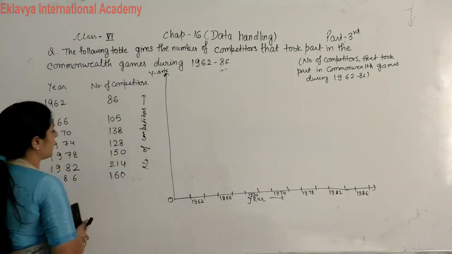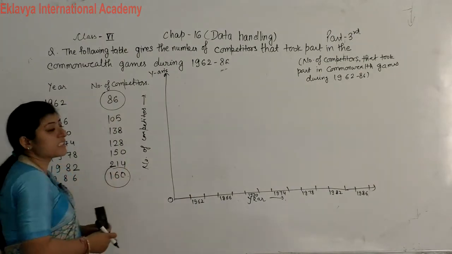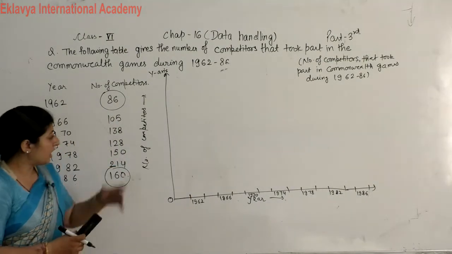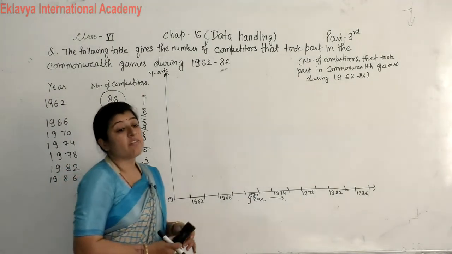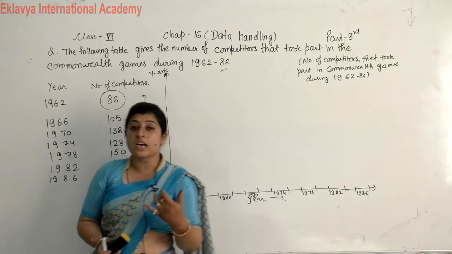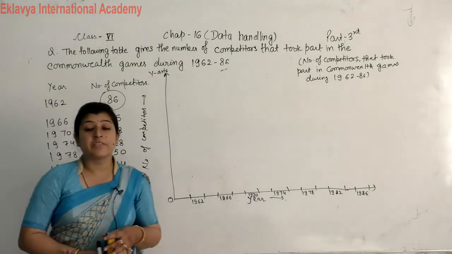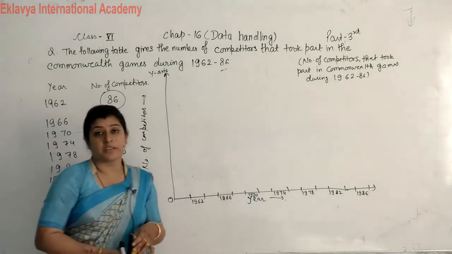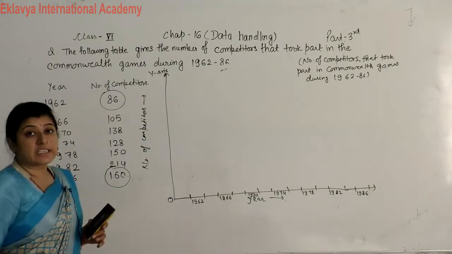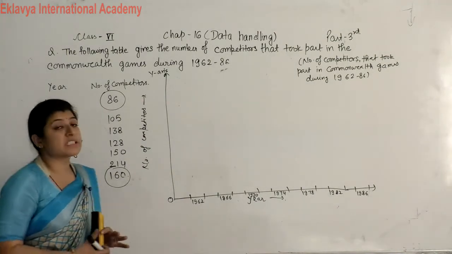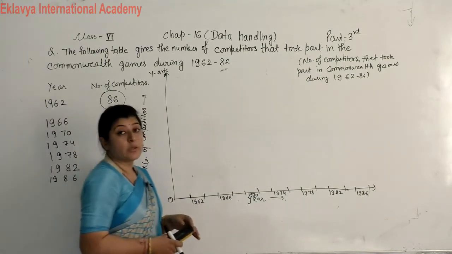Now see the y-axis. Your minimum value is 86 and maximum value is 160. So how to show this on the bar graph? Whenever we are representing large values on the graph paper, we take a proper scale for it. It starts from 86 until 160. So how can you decide which scale to take?